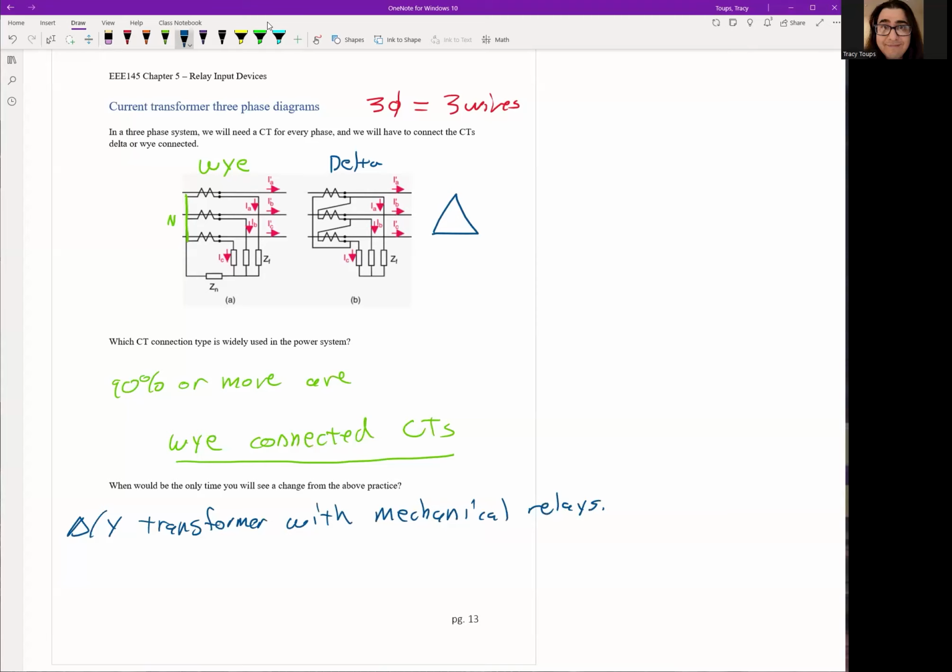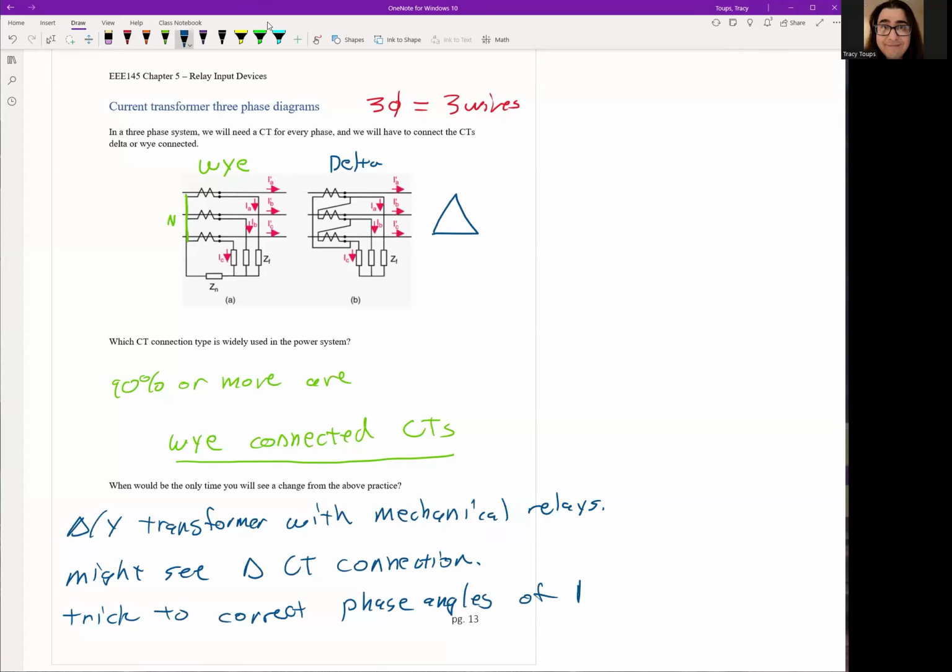You might see a delta CT connection there. Right? This is something from the 1950s, and it was a trick to correct phase angle of a delta to Y transformer.